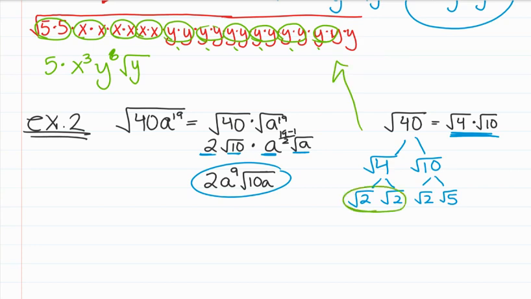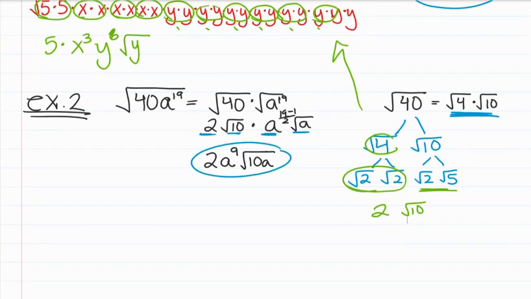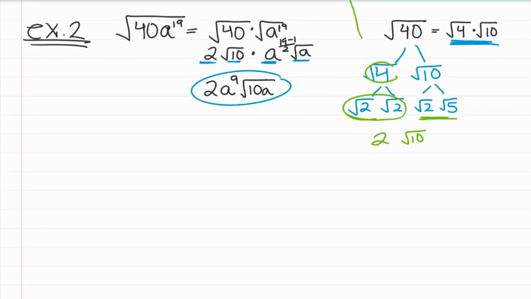I have a pair of 2's here. So if I have a pair of 2's, that's going to be square root of 4, which I know becomes 2. There are no pairs left, so I just multiply the 2 times the 5, and I get square root of 10. So that's another option with how to break down numbers that are not perfect squares. You can use what you learned in yesterday's notes to help with that portion.